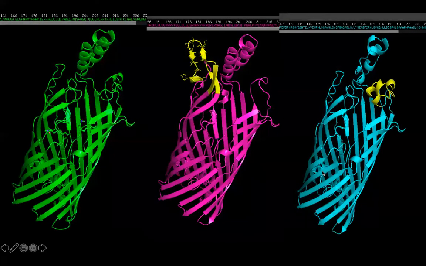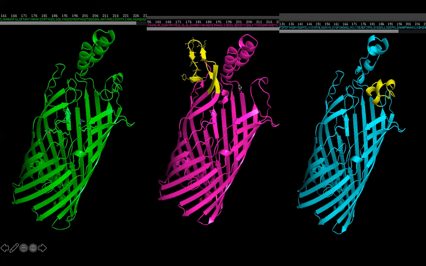So these are different FadLs. The green is E. coli, and these are two other FadLs, X808 and GA031244.